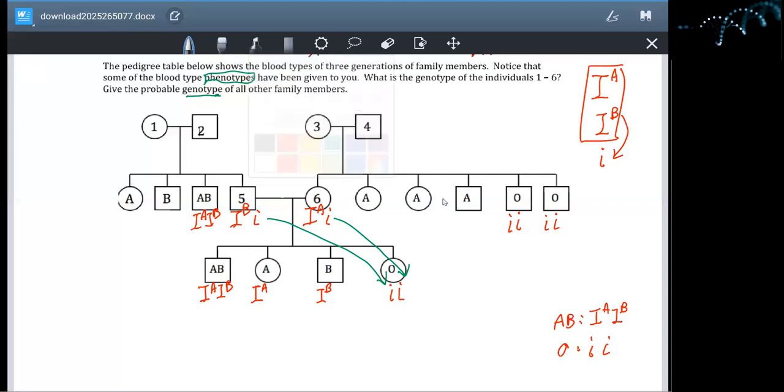Let's draw this out. If mommy gave big IB, dad can only give little i for this individual to be B blood type group. There you go. So this individual's genotype has to be big IB, little i. Same thing for this individual. If daddy gave the big IA, mom has to give the little i. So we figure that out, okay?